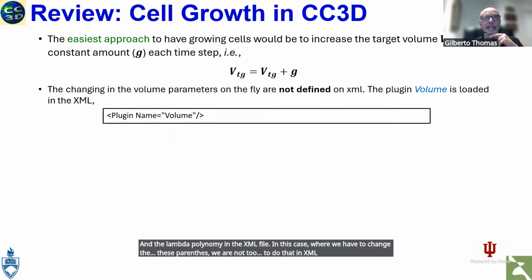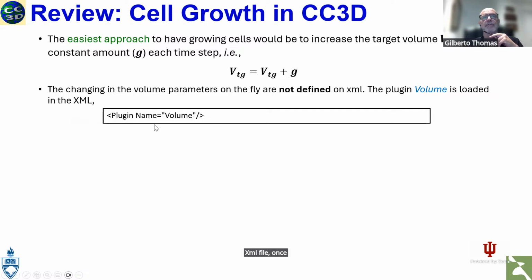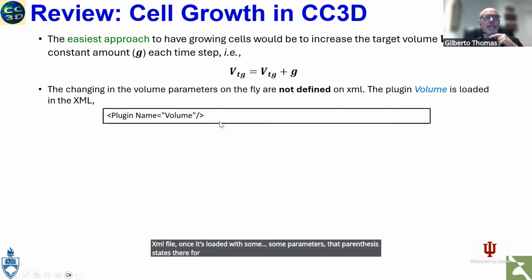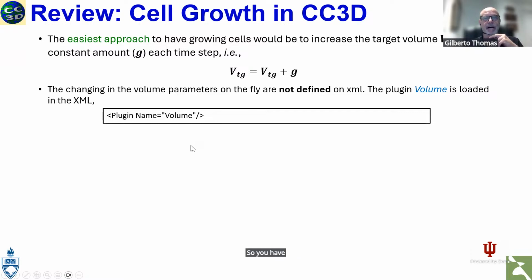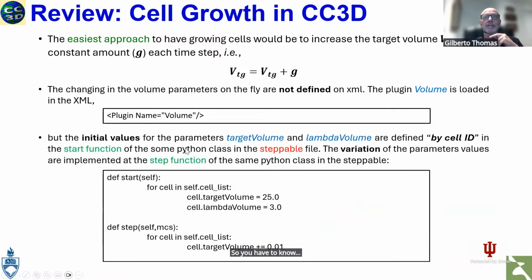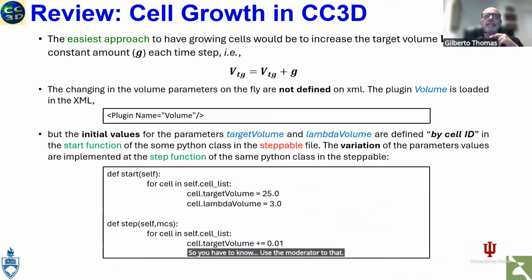We cannot do that there. The XML file, once it is loaded with some parameters, those parameters stay there forever. You cannot change them. So you have to use another way to do that. And this is done in the steppable file.